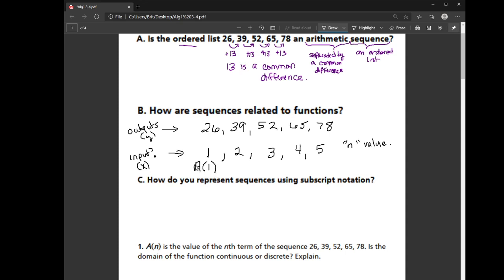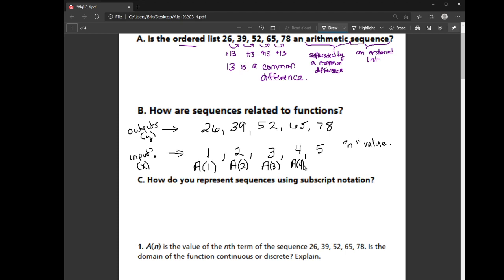We use capital A for arithmetic. Then in parentheses, I put in the 1, saying, what is the value of this arithmetic sequence when I plug in 1? On this one, I might say A of 2. What is the value of this arithmetic sequence at the second term? Do you see how that looks like your function notation with f of x?